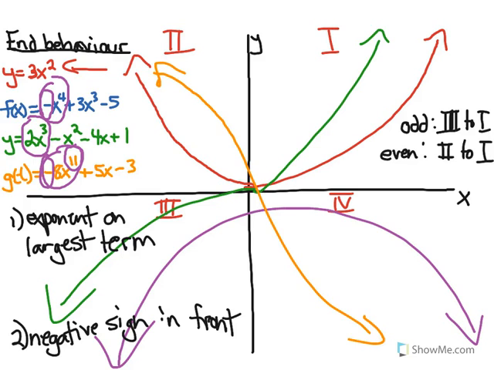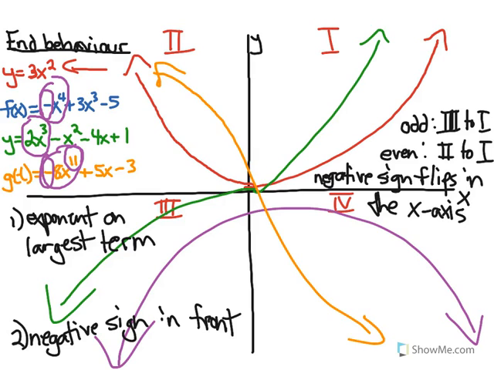Again, this is as we read left to right. And then a negative sign flips it on the x-axis.